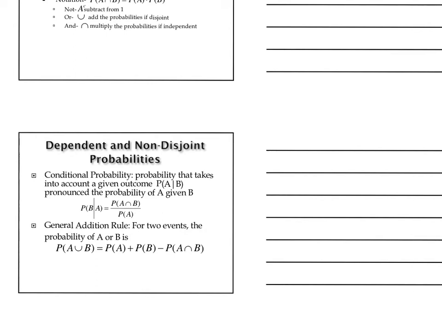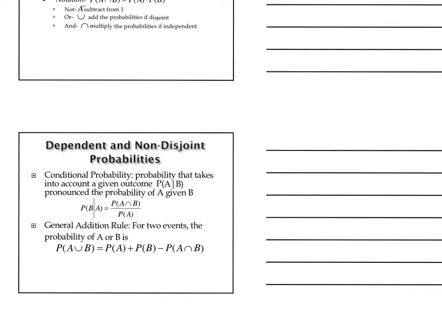But when it's not, for example, what is the probability of a 5 given the card is red? Well, your probability is different because there's only 26 red cards instead of the 52, and that changes your probabilities. Sometimes we have to use our conditional probability formula. That's here. The probability of B given A is equal to the probability of A and B divided by the probability of A. So notice that the given information is what goes in the denominator.